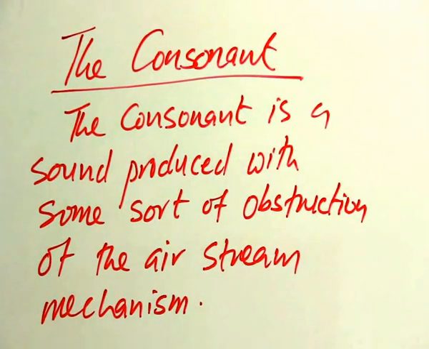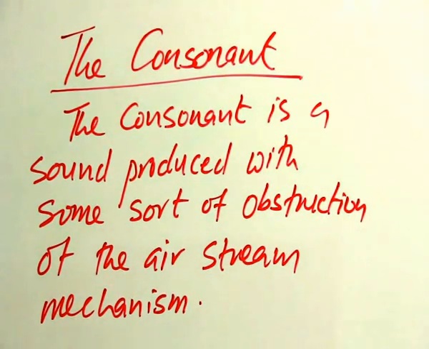If this air is allowed to flow unimpeded during the production of a sound, then it is a vowel, but if it is impeded or obstructed, then what you have is a consonant. That is the major difference between a consonant and a vowel.